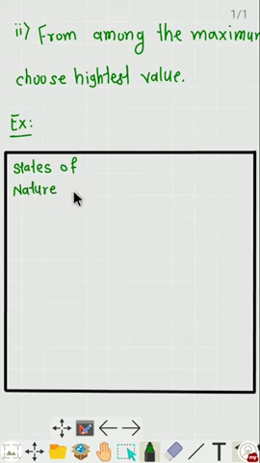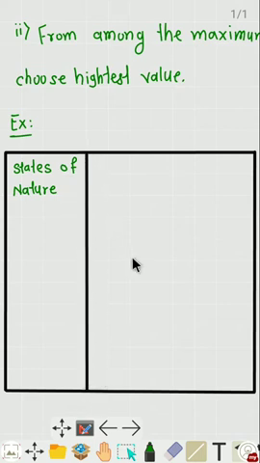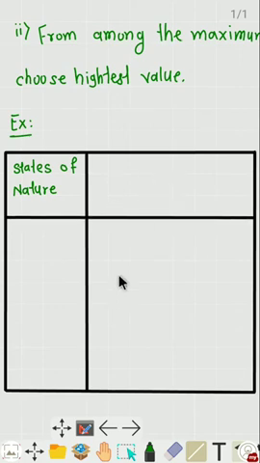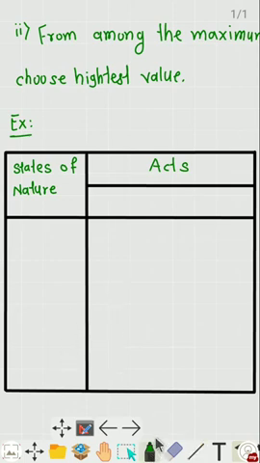States of nature. Here it is acts, and there are four acts: first act is A1, second is A2, next is A3, next is A4.